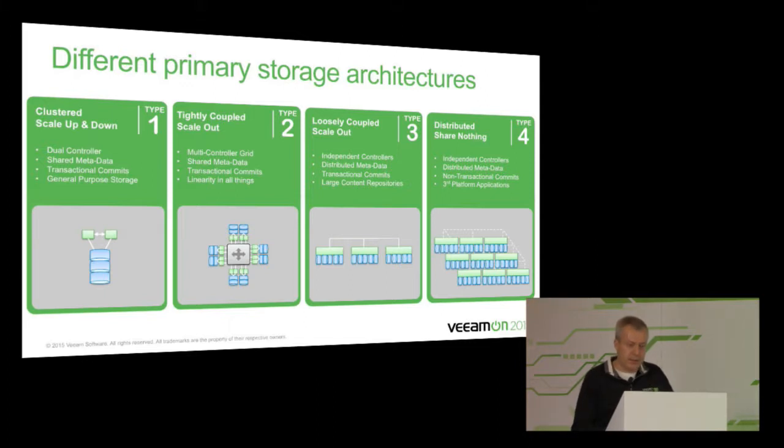This has evolved over the years into more complex centralized storage, where you can have more than 2 controllers, and you can scale those controllers, maybe limited to 4, 8, it depends. Mostly they are active controllers, but it is still a centralized architecture. So type 1 and type 2 are centralized storage.